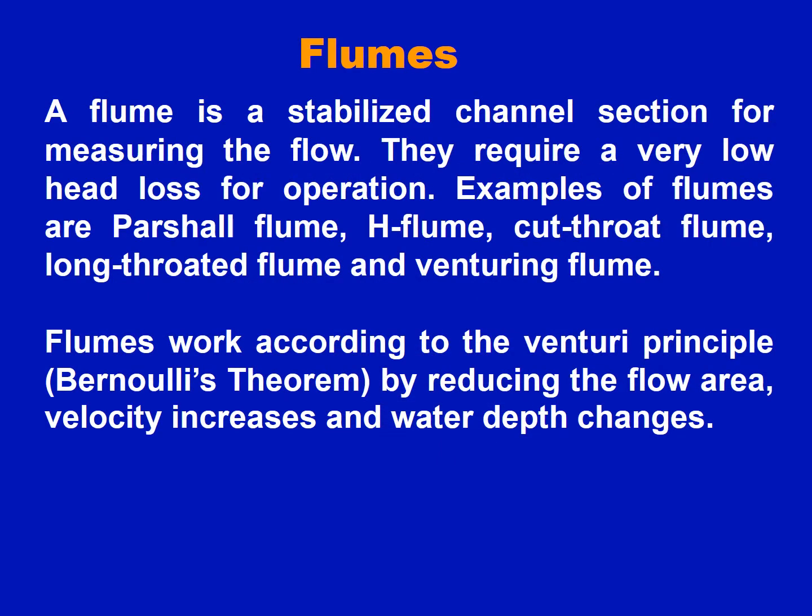A flume is a stabilized channel section for measuring the flow, and it requires very low head loss for operation. Different types of flumes are partial flume, H flume, cutthroat flume, long throated flume and venturi flume. These are the different types of flumes.